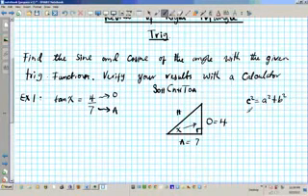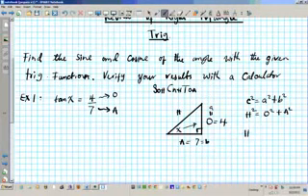We can also say that h squared, the hypotenuse squared, is equal to o squared plus a squared. Alright? So we plug in that information. We know that the hypotenuse squared is equal to 4 squared, because 4 is the opposite, plus 7 squared, because 7 is the adjacent.